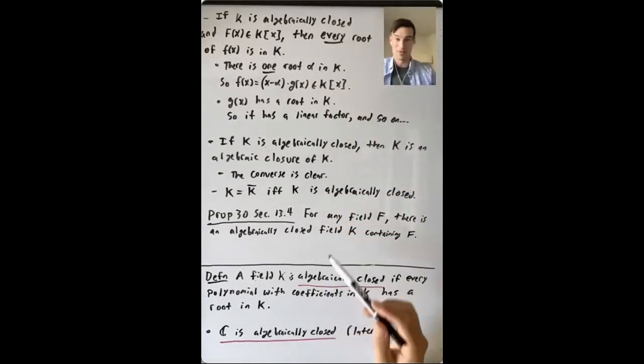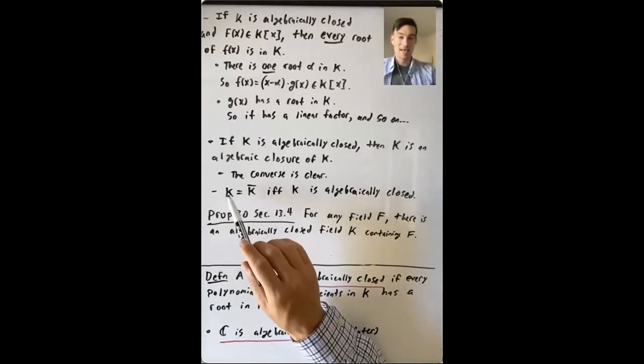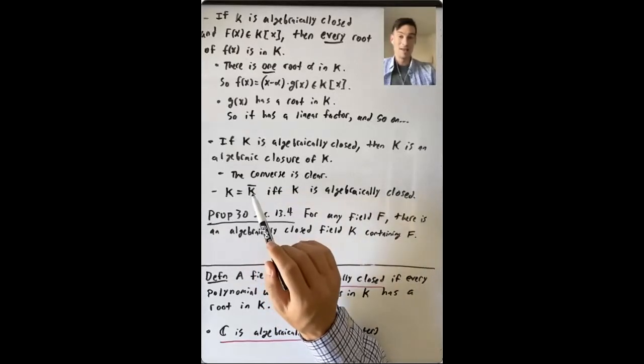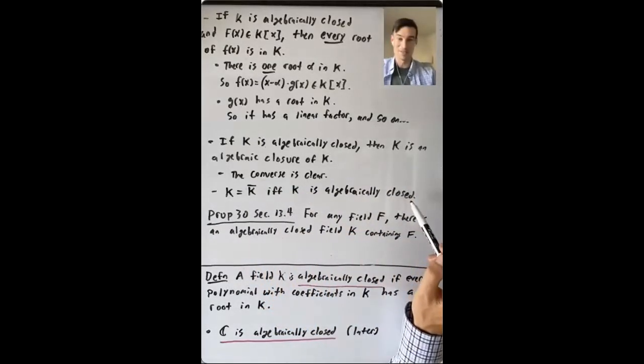Just look at the definitions and see what is being required. So what does that mean? That means that K is equal to an algebraic closure of K if and only if K is algebraically closed. Okay, so this is a basic property that is good to know.